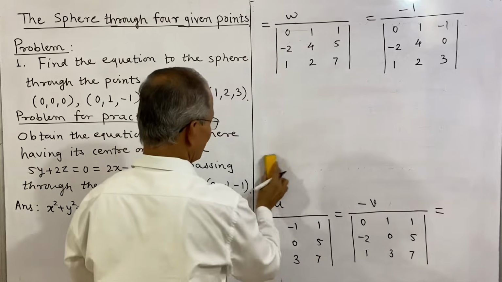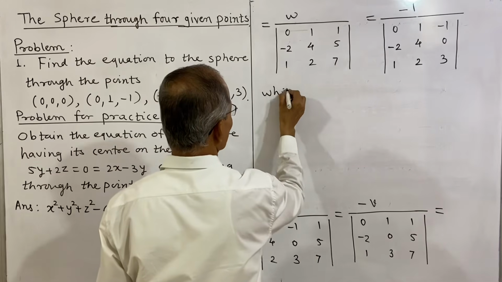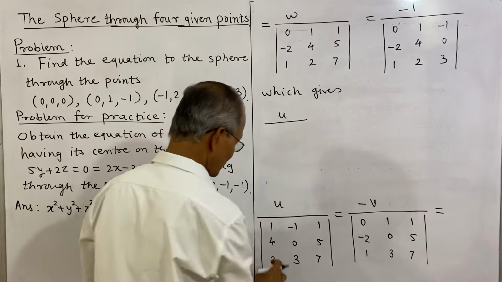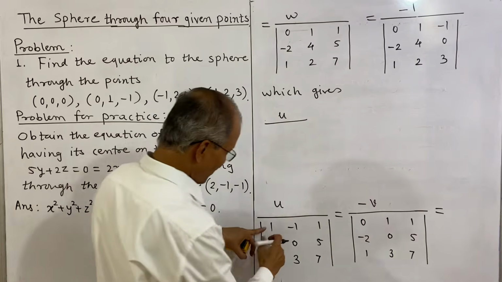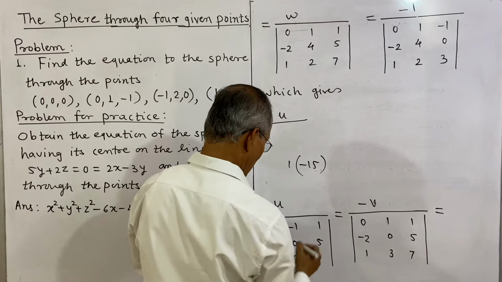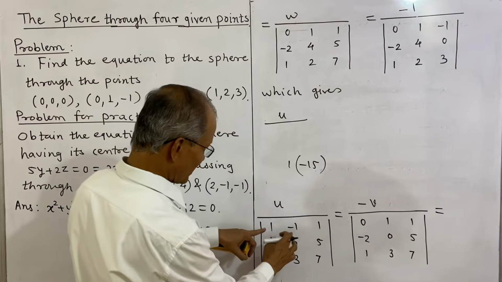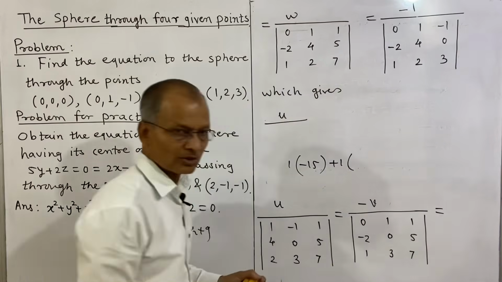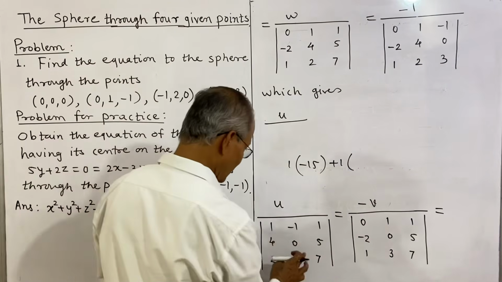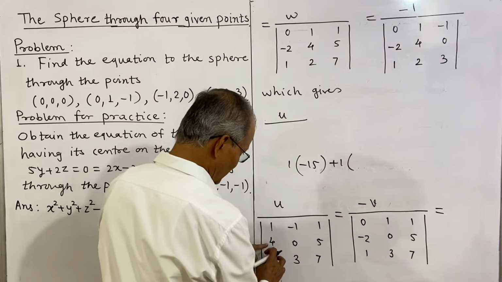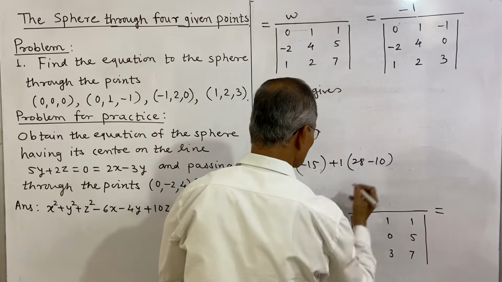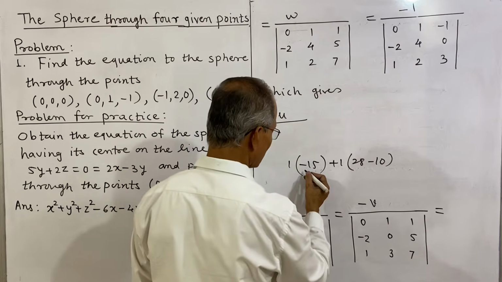So which gives u divided by, now see the determinant value of this determinant, 1 into bracket, this is 0 minus 15, and that minus 1, that becomes plus 1. Evaluation of determinant by usual way. So you should verify this, and minus 1, the minor of this, so that is 28, 7 into 4, 28 minus 10.